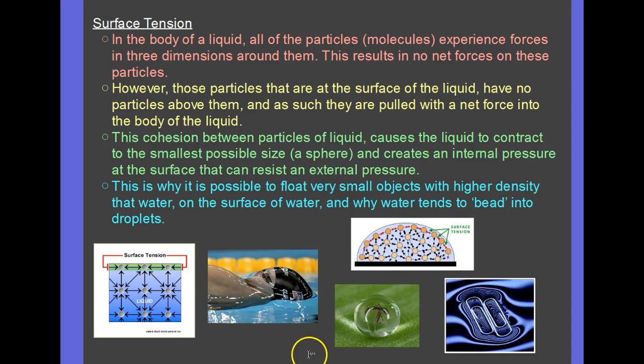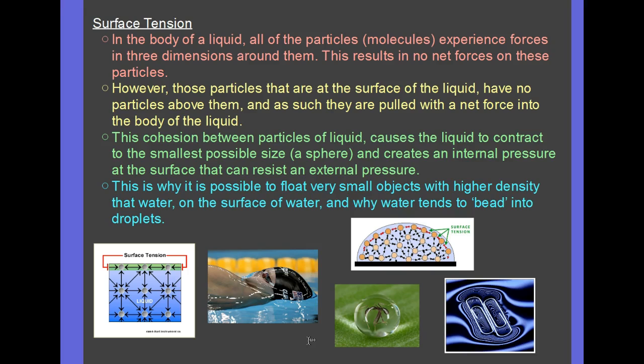Surface tension. In the body of a liquid, all the particles or molecules experience forces in three dimensions around them, which results in no net force on these particles. However, particles at the surface of the liquid have no particles above them, and as such, they are pulled with a net force into the body of the liquid.